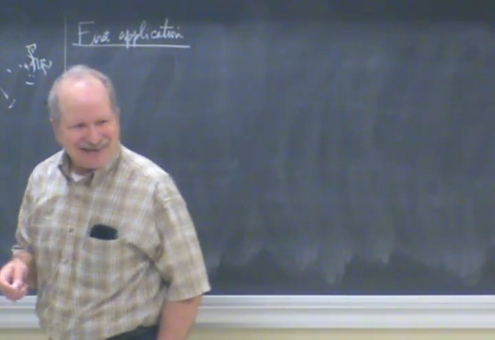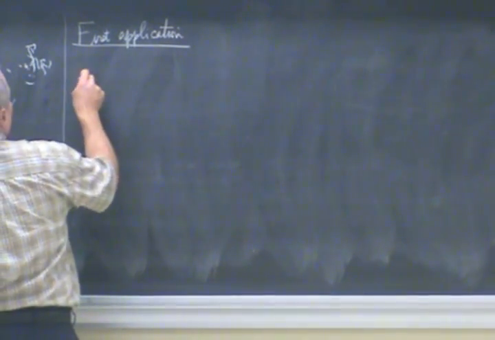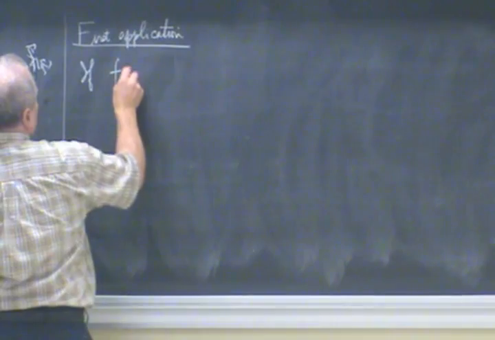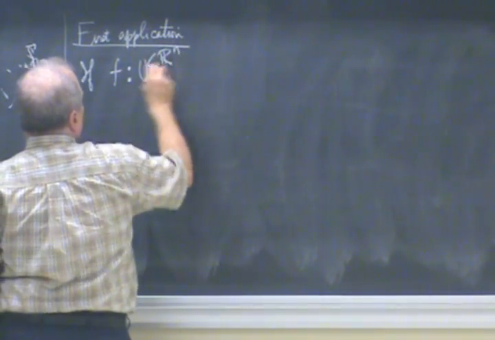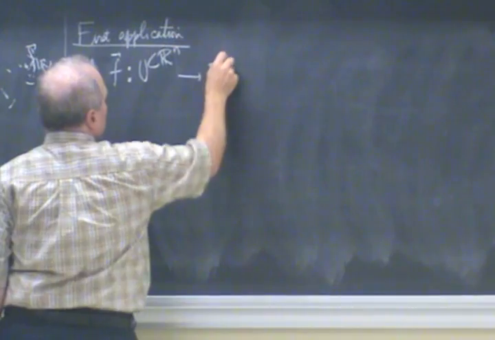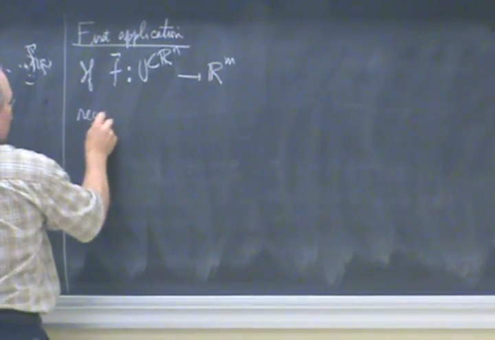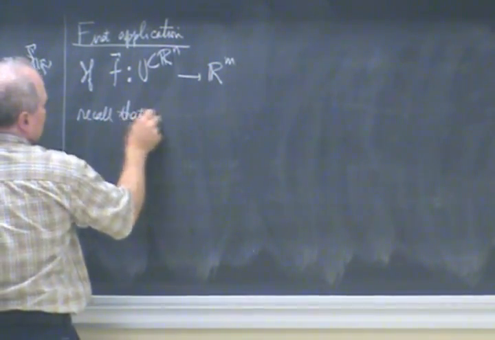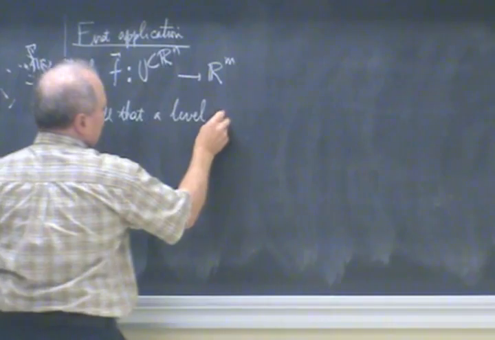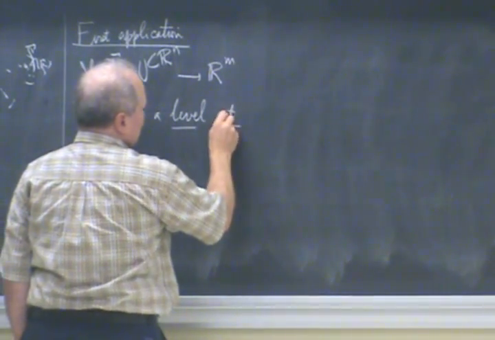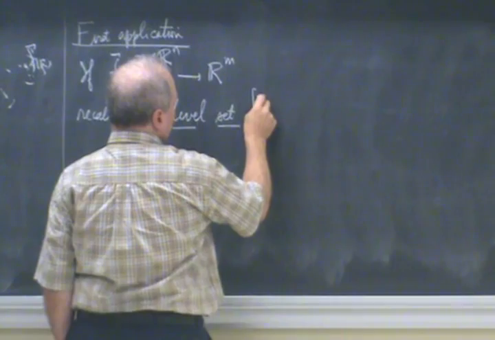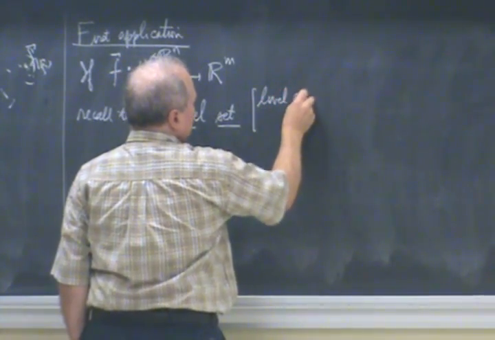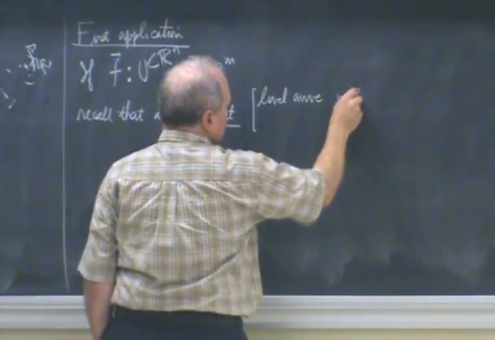So if f, say, maps some open set in Rn to Rm, recall that a level set, so we called this a level curve when n was 2.